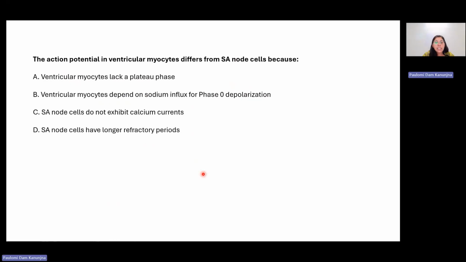Okay, next one. The action potential in ventricular myocytes. Keep remembering ventricular myocytes as the ventricular contraction. So the action potential here is different from the SA node. Why?